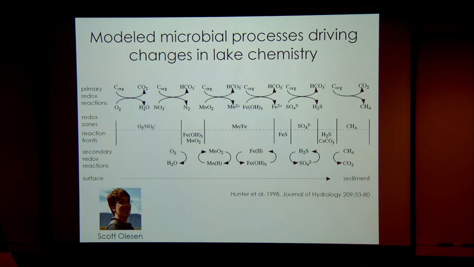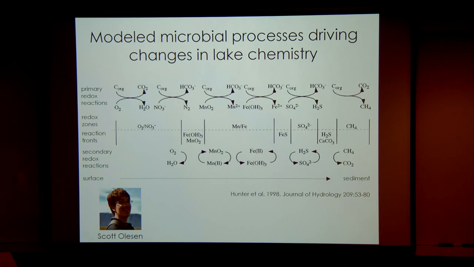And so my colleague Scott Olson, who is also in the Alm Lab while I was there and is now at the School of Public Health at Harvard University, drew upon a reactive transport model that was found in the Journal of Hydrology and basically altered that to be appropriate for the water column because it was developed for a groundwater aquifer.